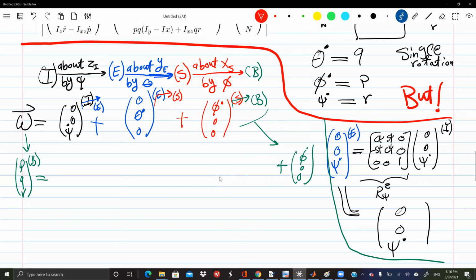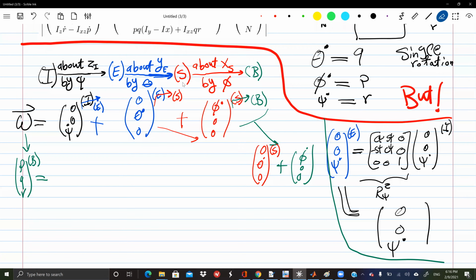Now, this thing was in the S frame. Well, it's in the S or the E. It's up to you. But come on, we want to go to the body. S is closer to the body, so we're going to consider it as part of the S frame. If I multiply by this rotation matrix, it would be unnecessary because I would get the same thing like I showed here. So I would consider it as part of the S frame because it's simply closer to the body. So here is 0 theta dot 0. This is in the S frame.